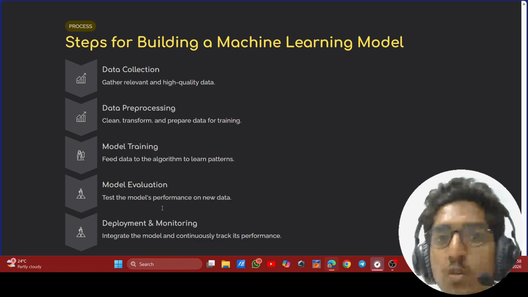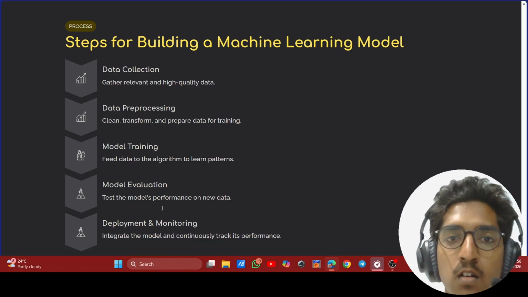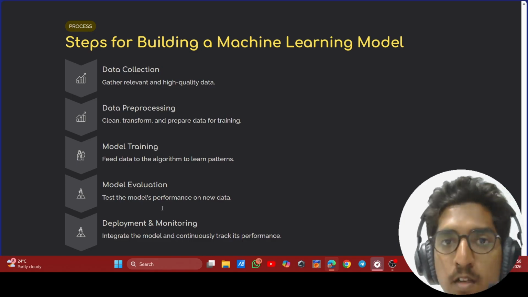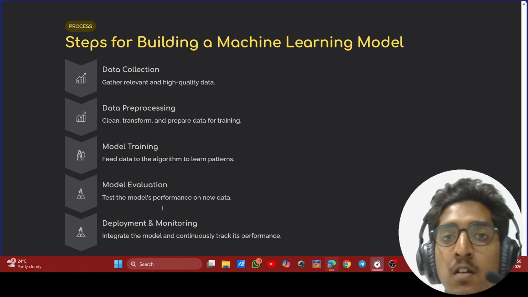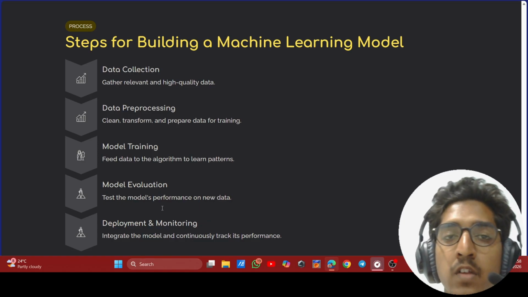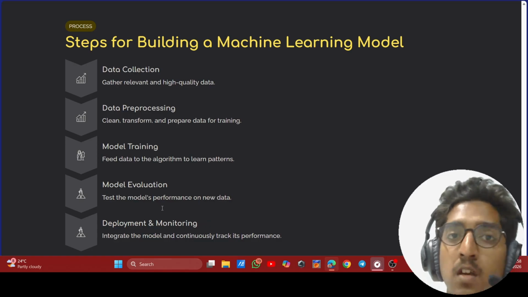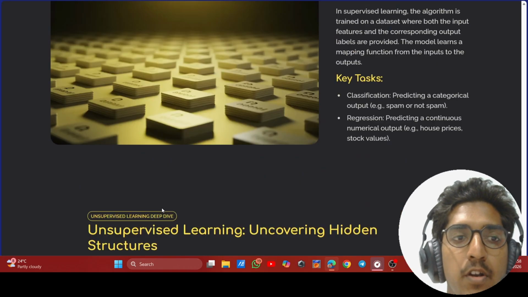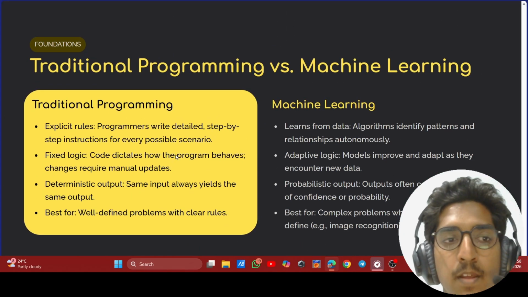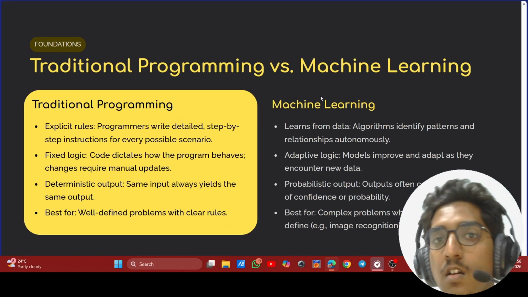So this is all for today. We learned the difference between supervised learning, unsupervised learning, and reinforcement learning. We learned the difference between these three. Then we learned the difference between a traditional approach, which is traditional programming, and machine learning.